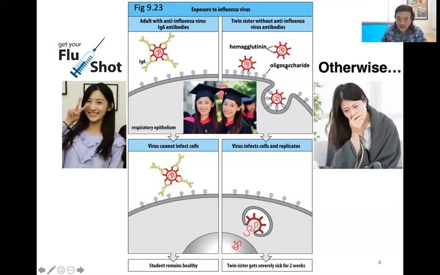However, on the other hand, that same cloud of virus also gets breathed in by the twin sister who didn't get vaccinated, right? So she has no immune memory of this particular antigen. They've labeled this antigen here. These are the spikes on the virus. They're just referring to it as a hemagglutinin.